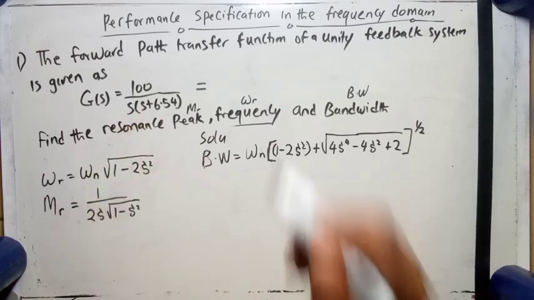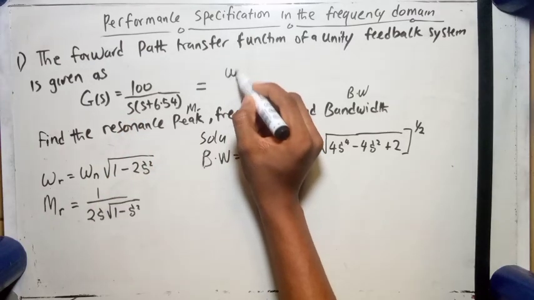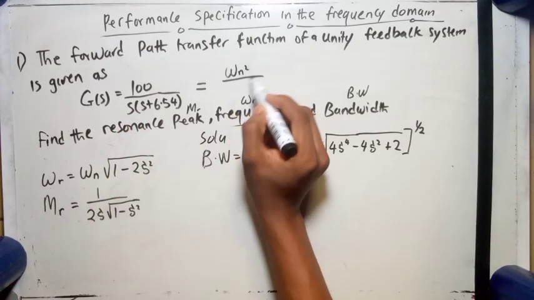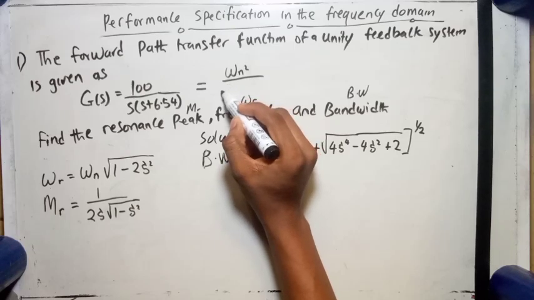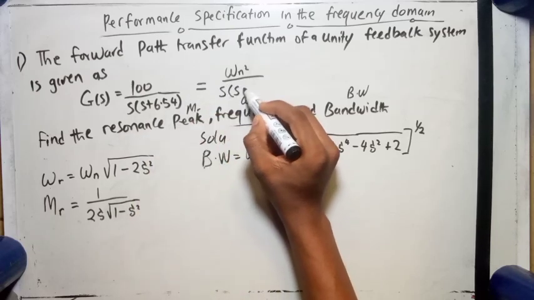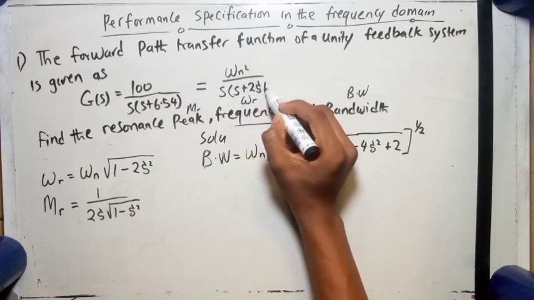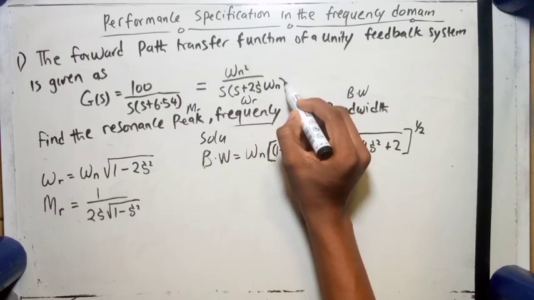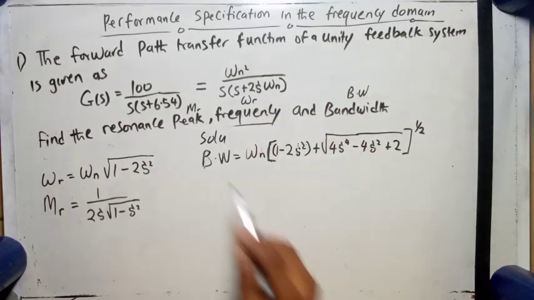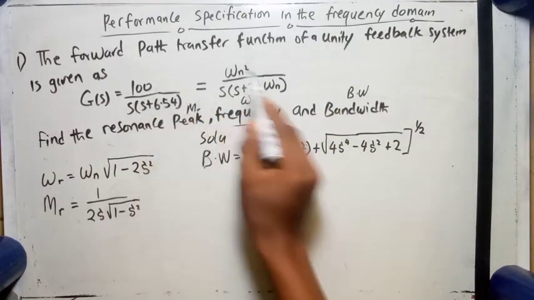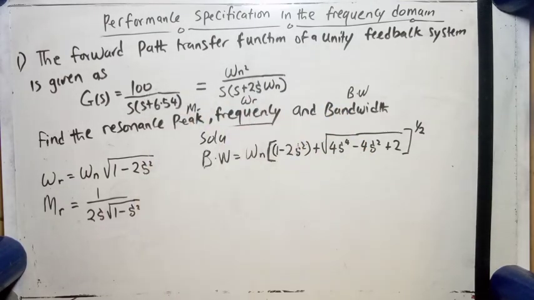Now this is how we normally represent it: Wn square over s(s plus 2 zeta Wn). This thing and this thing are the same thing.